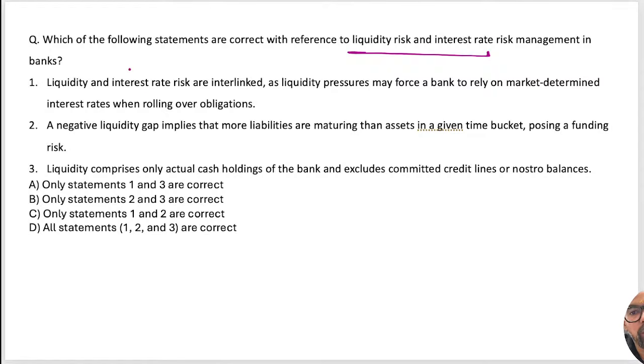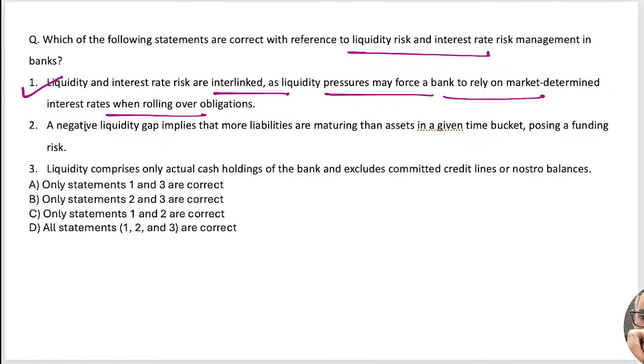Liquidity and interest rate risk are interlinked. Liquidity pressure may force the bank to rely on market determined interest rates. If there is a liquidity risk, the bank has to borrow money in the short term and it will cost comparatively higher.